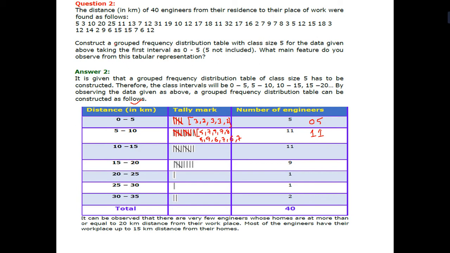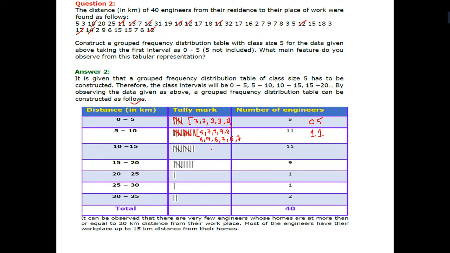So 10 to 15, we have not, now we count 11, 10 and 15. So 1, 2, 3, 4, 5, 6, 7, 8, 9, 10, 11.